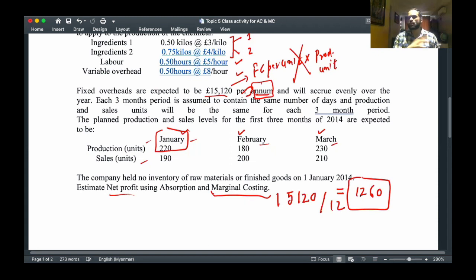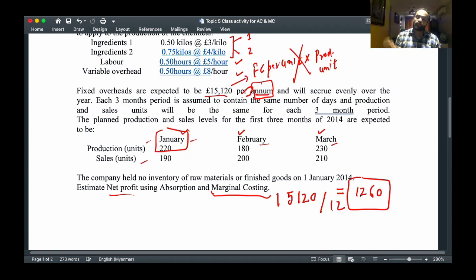Because fixed cost is not part of production. Under marginal costing, fixed cost does not contribute to producing the product. If fixed cost is not contributing to producing the product, why would you convert fixed cost using production units? That's the whole idea of marginal costing. So I repeat, under marginal costing, only variable cost contributes in manufacturing. Fixed cost does not contribute. That's why you keep fixed cost separate from variable.